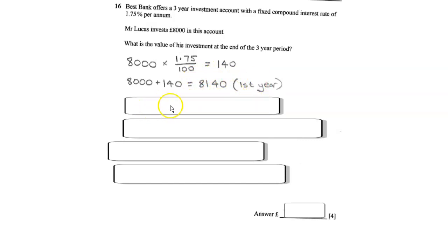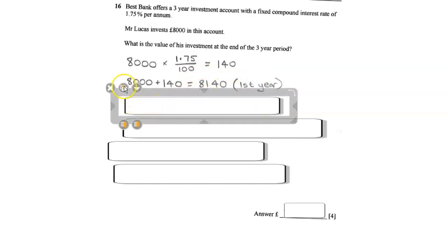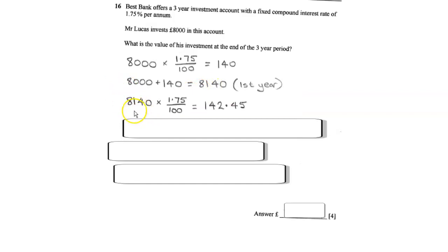For the next one, we carry that forward into the second year. So it's 8,140, and we do exactly the same thing as in the previous steps. We get 1.75%, so 1.75 over 100, key it into the calculator, and you should get £142.45.